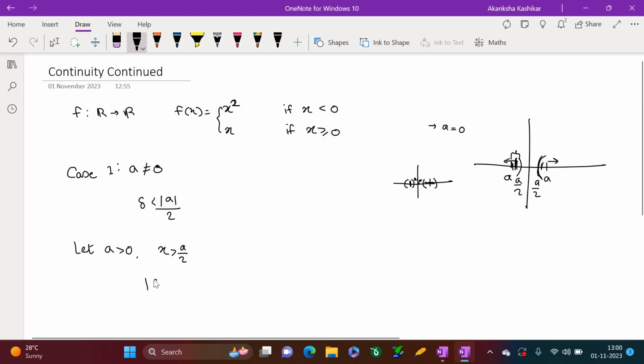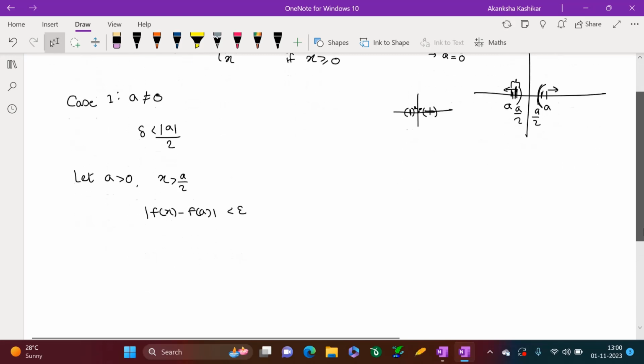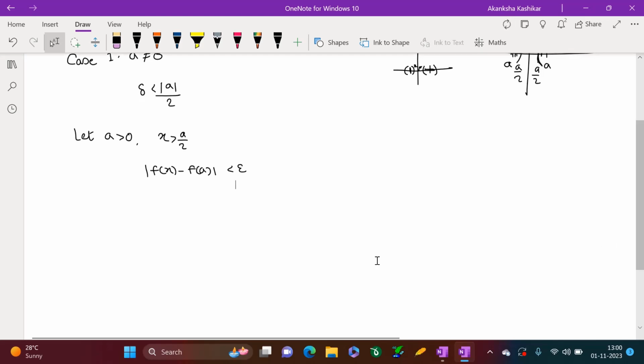What I want is mod f(x) minus f(a) to be less than epsilon. So what is f(x) minus f(a)? Because now we know that we are on the right side, the functional form is x, correct? So f(x) is simply x and f(a) is a. So we want x minus a to be less than epsilon.